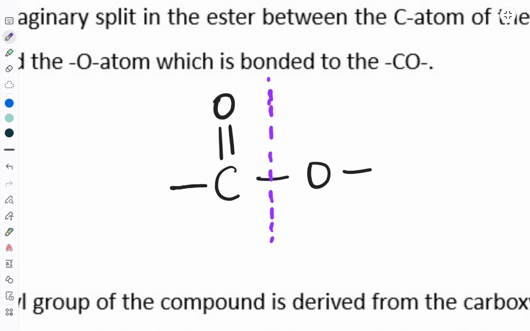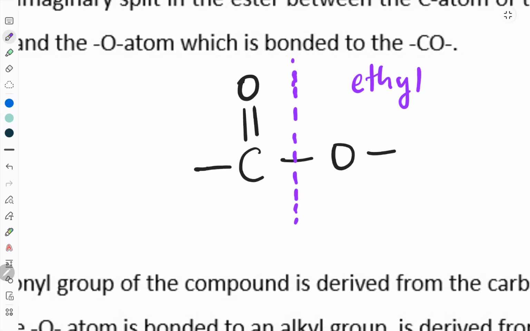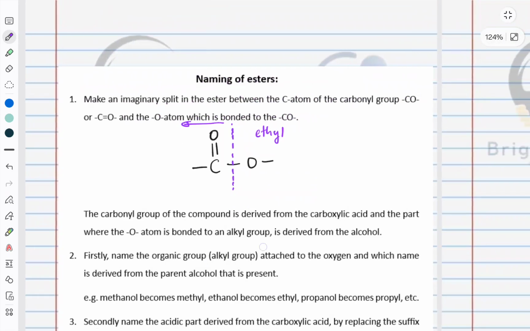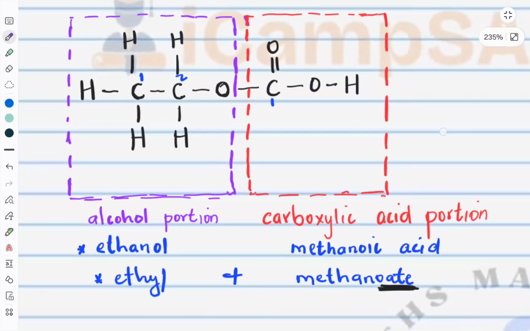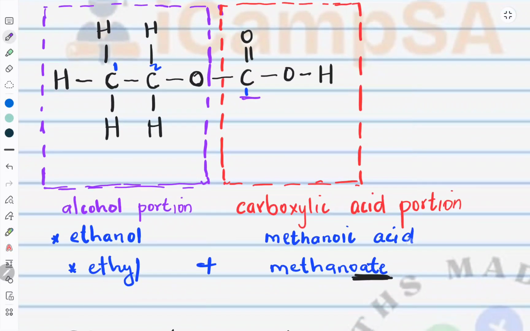Like in the previous example I just showed you, this one was ethyl. Anything containing the part on the left is what would have been our carboxylic acid. In this case, this carboxylic acid would have been methanoic acid.